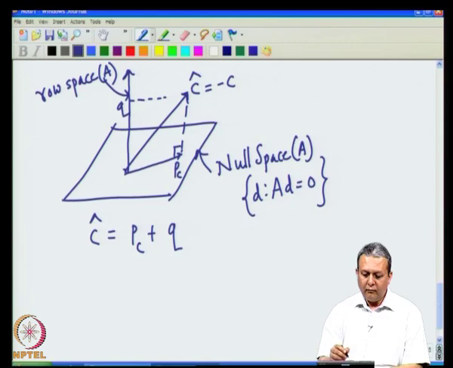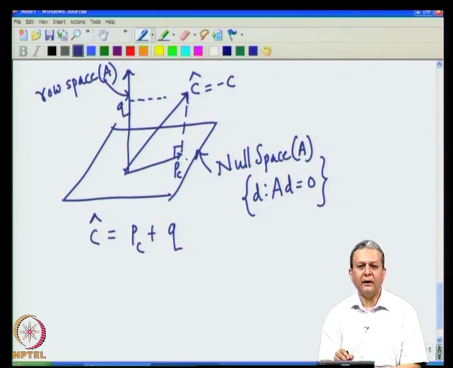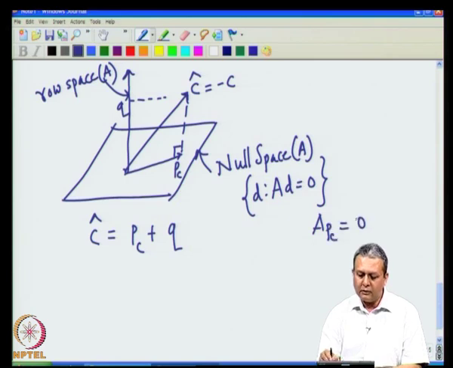So, c hat can be uniquely represented as Pc plus Q, where Pc denotes the component of c hat on the null space of A, and Q denotes the component on the row space of A. Now, since Pc belongs to the null space of A, what we have is A Pc equal to 0, because it satisfies this property, and Q belongs to the row space of A. So, Q can be written as A transpose lambda.